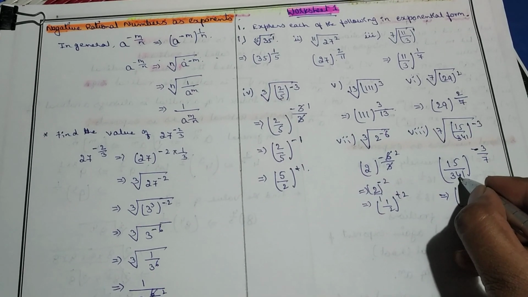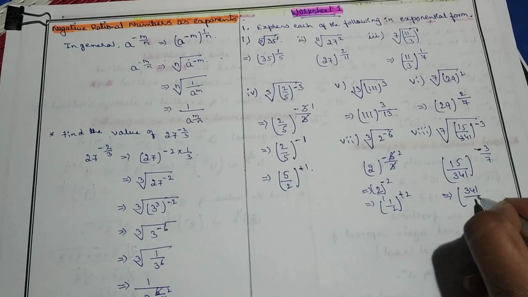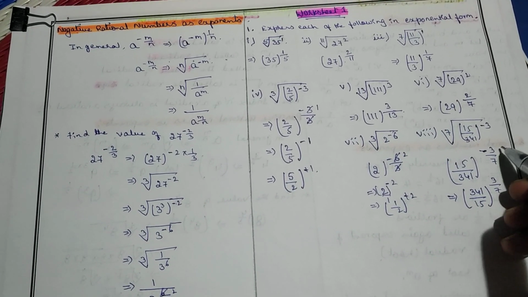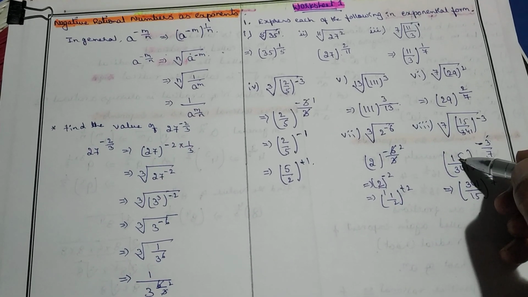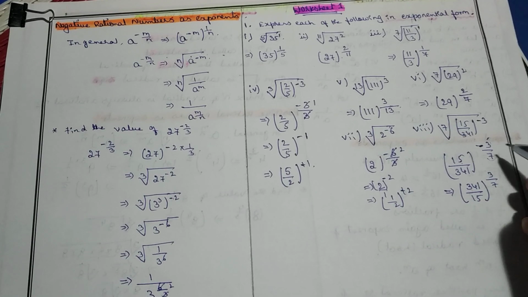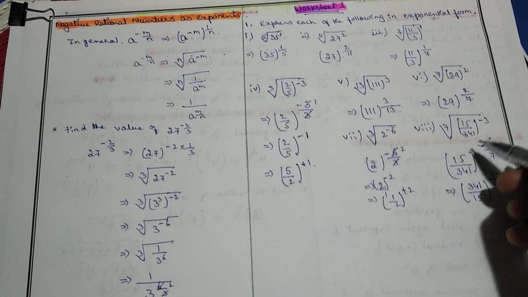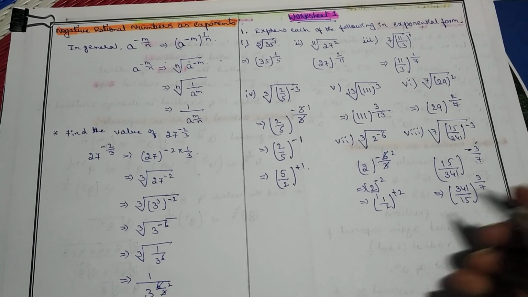The base we have is 15 by 341. Then reciprocal, it becomes 341 divided by 15 whole to the power of 3 by 7. The power will not get reciprocaled, children. The base will get reciprocaled. When you have a negative power, to change it into positive, you need to take the reciprocal of the base. Now we'll move to second main.